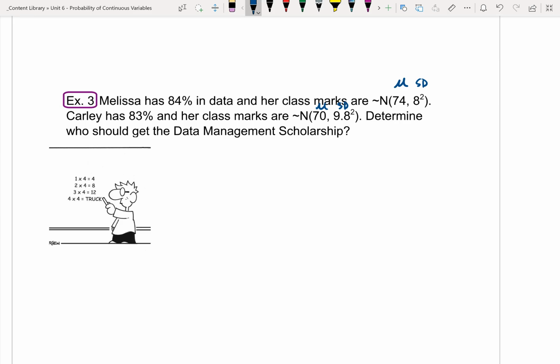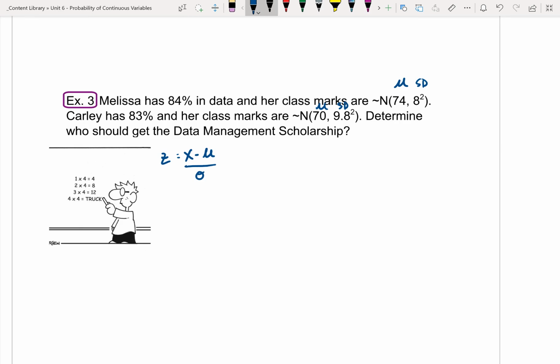distribution of data. So we need to look at a z-score so we can see how far away from the mean her values are, or how many standard deviations her mark is away from the mean. So again, the z-score is equal to x minus the mean divided by the standard deviation.